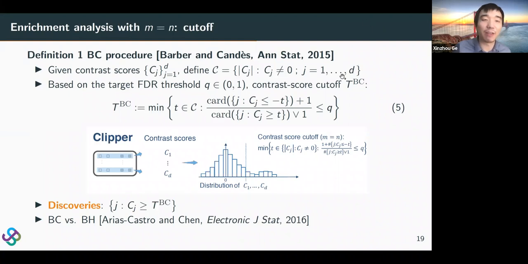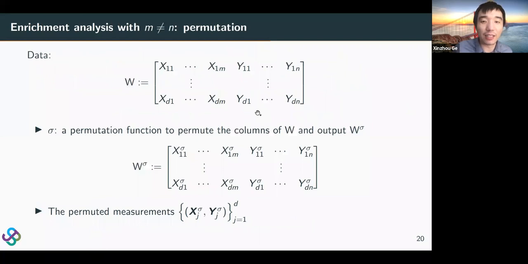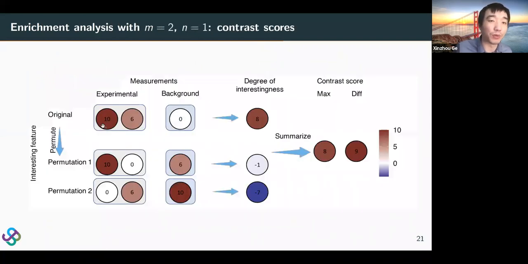So if not, I will go to the enrichment analysis with m not equal to n. And in this example, we will do some permutations. So this is still a cartoon illustration.